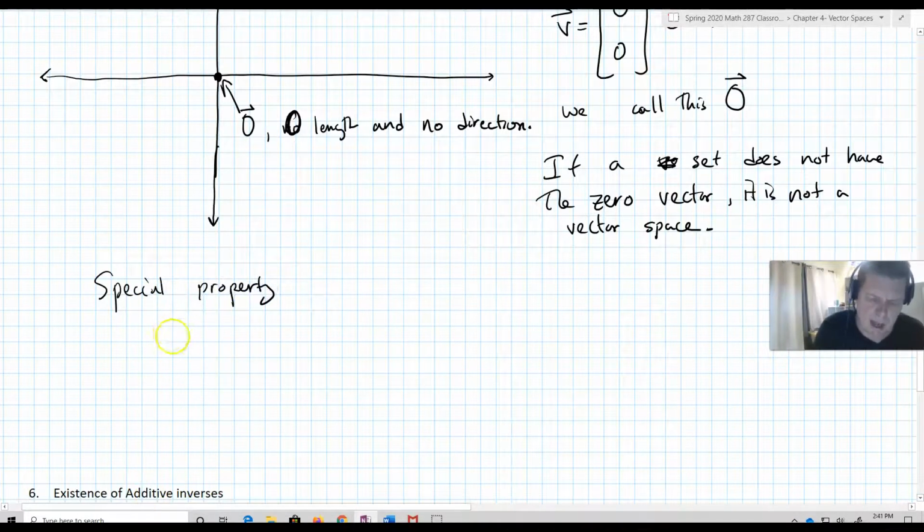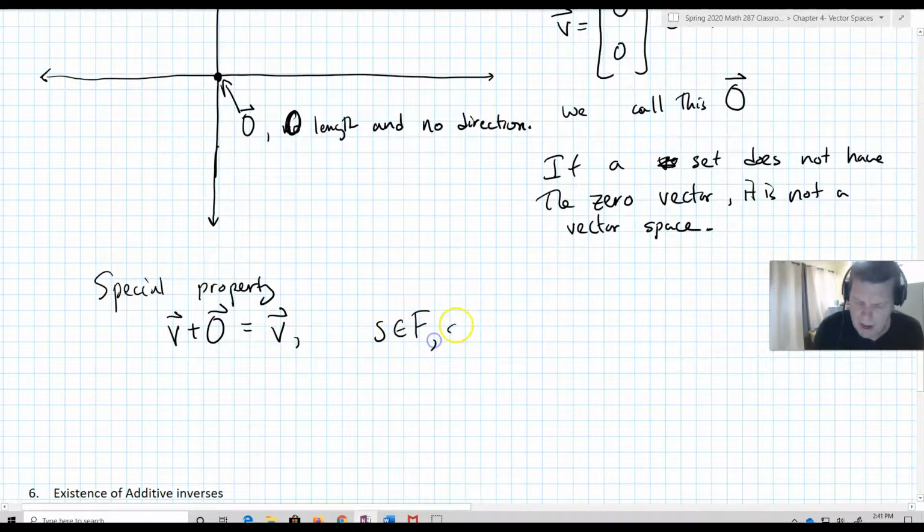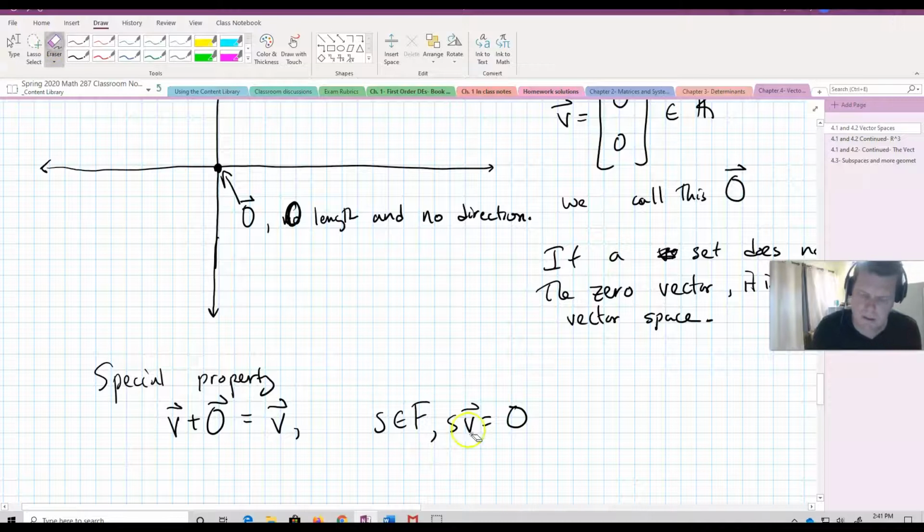Take V plus the zero vector, we get V. In addition to that, if we take S, some scalar belonging to F, then S times the zero vector just equals the zero vector back.